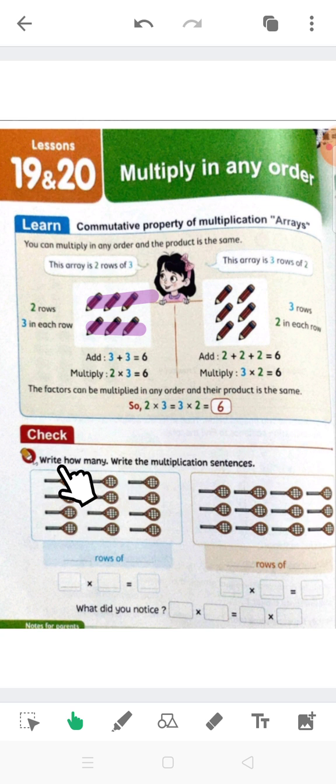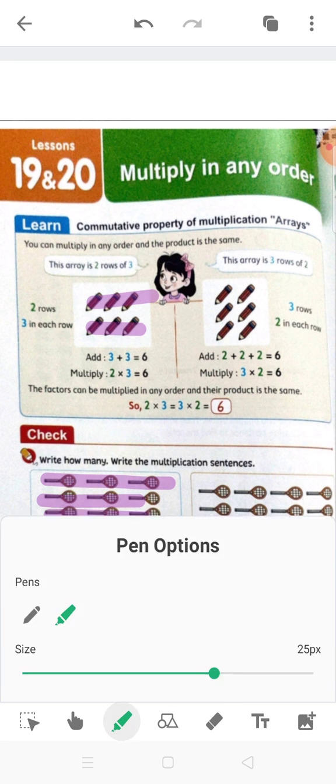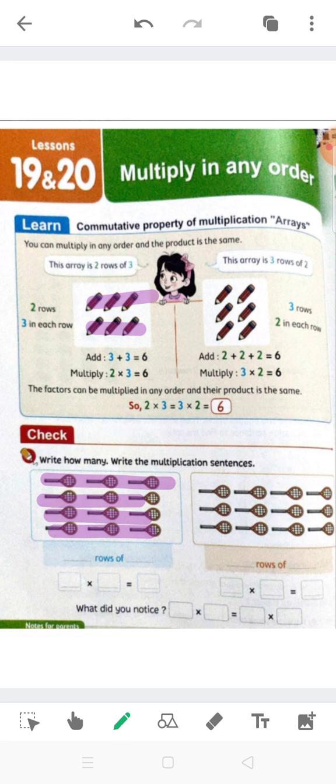Okay, how can we use the multiplication sentence in this array? Look here. 1, 2, 3, 4. How many rows? 4. I will write 4. Of what?